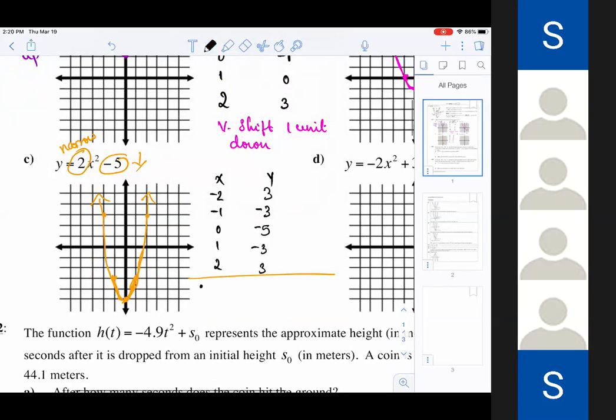You're going to say, number 1, there is a vertical... Is that a stretch or shrink? Stretch. Stretch by a factor of 2. And also, there is a vertical shift down by 5.